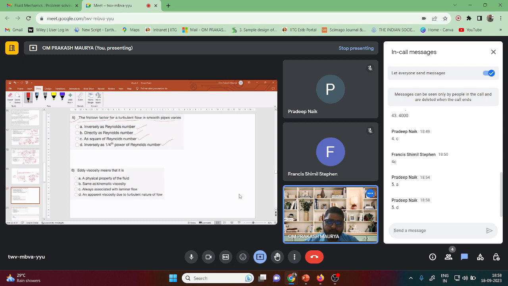They put a lot of effort into turbulent flow. So you should always remember Nikuradse. These researchers' findings we will use frequently in the case of turbulent flow, several times. So Pradeep is telling question number 5, option D. Okay.